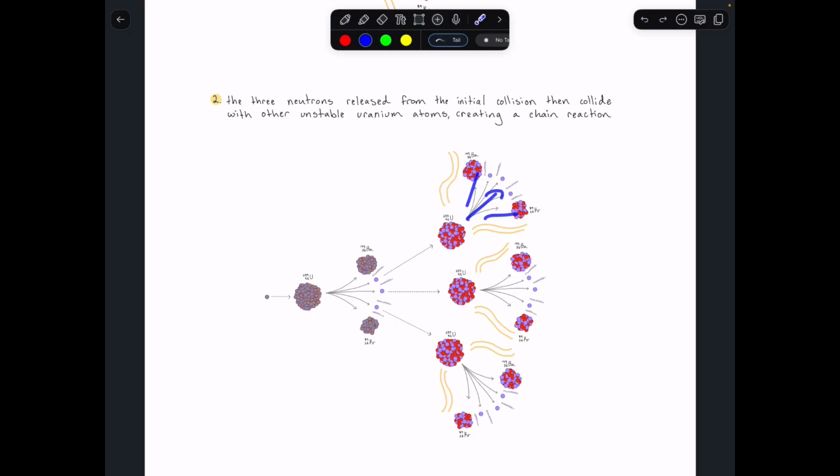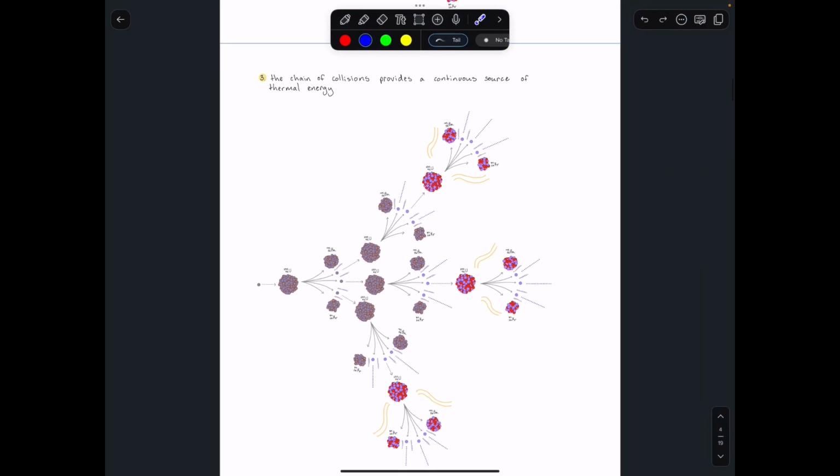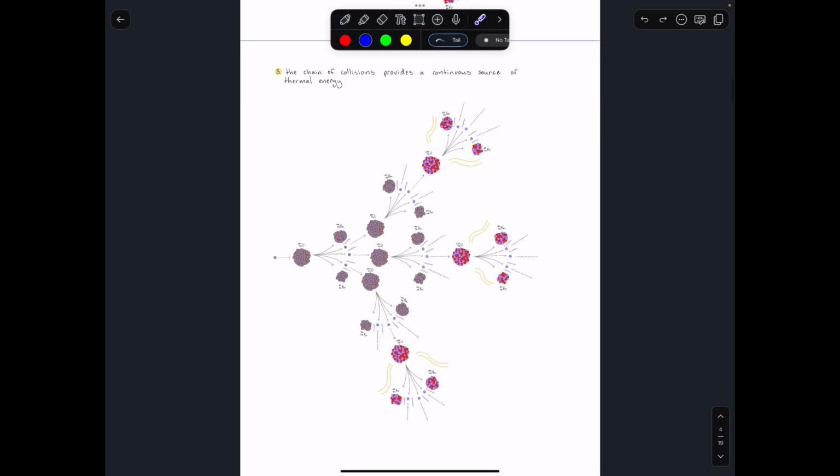It breaks up into other atoms, releasing more neutrons, and the reaction continues from there. Not all of these neutrons that are released will hit another uranium atom, but this is generally how the chain reaction happens.